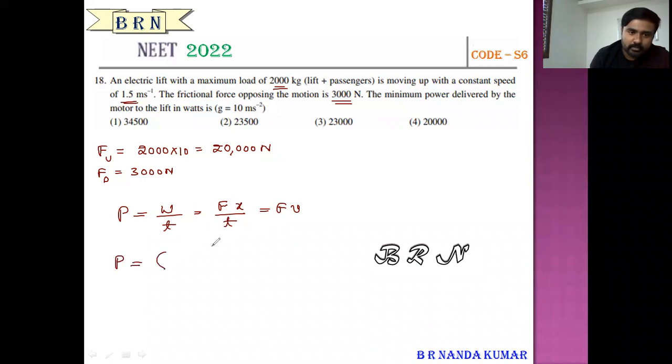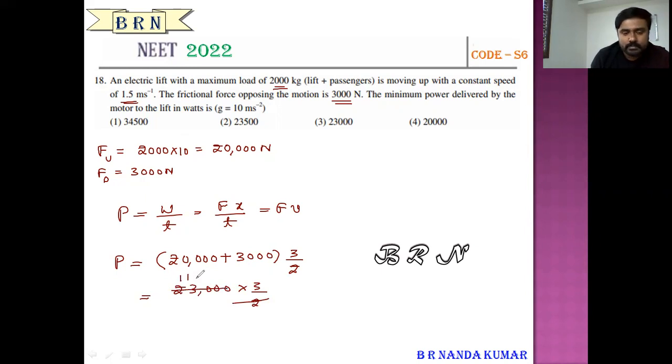So power is equal to, look, here the net force, we must add 20,000 and 3,000, into the velocity 1.5, that is 3/2. This is 23,000 into 3/2. Cancel, 1 0 1 0.